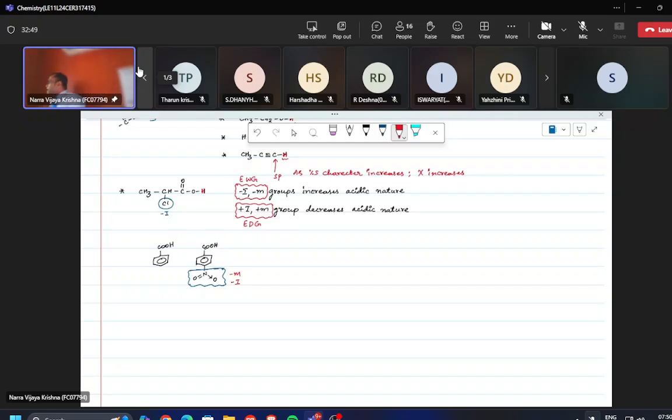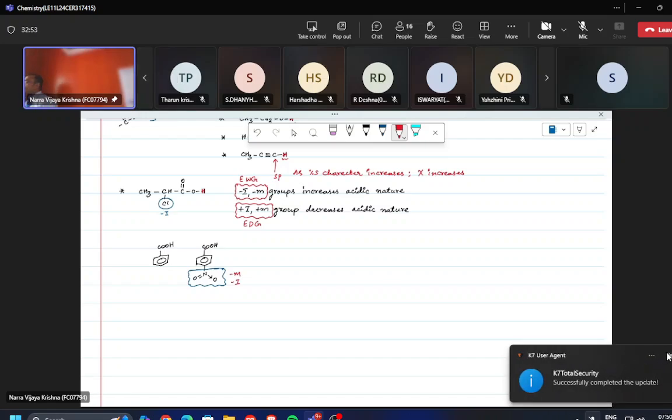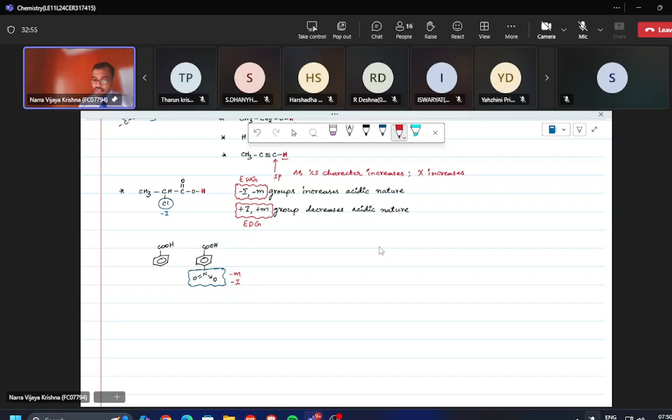It is effective only up to a maximum of 4 sigma bonds. Beyond that, it doesn't have any more effect. So the minus I effect is there, but it is very small. But the minus M effect is there. Correct or not? Response, sir. So which is more acidic among these two? Right? Yes, sir.